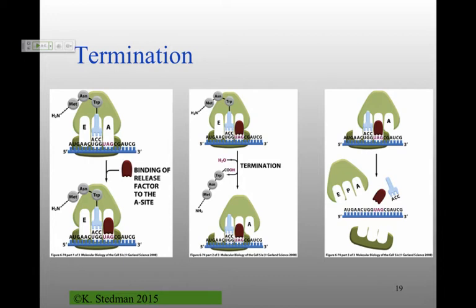Now you have association of the release factors, and factors again means that it's a protein, not a tRNA, that now associates with the A site. Then you have this termination process, and basically the termination process is fooling the ribosome into trying to make a peptide bond to water.